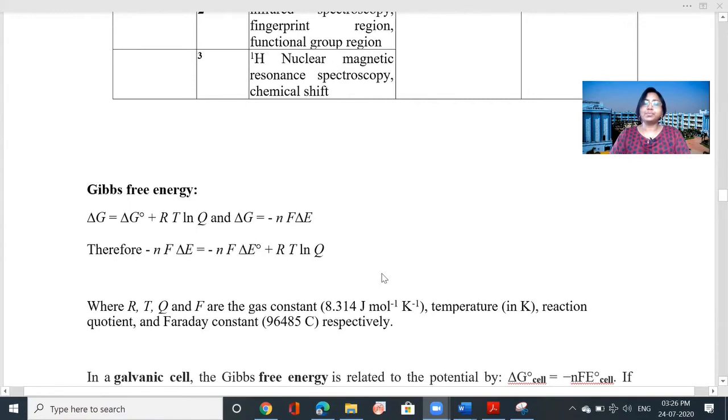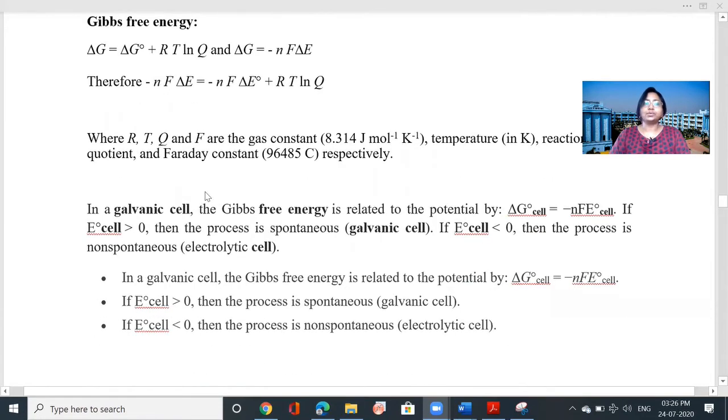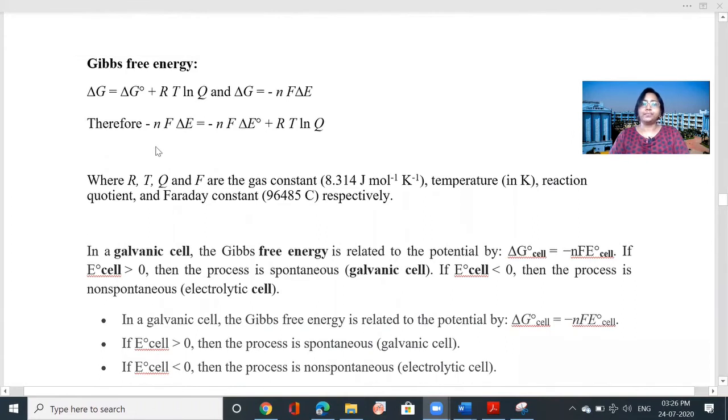The Gibbs free energy, delta G, is equal to delta G0 plus RT ln Q, and delta G0 is equal to minus nF delta E0. So this E is very important. E is the cell EMF.